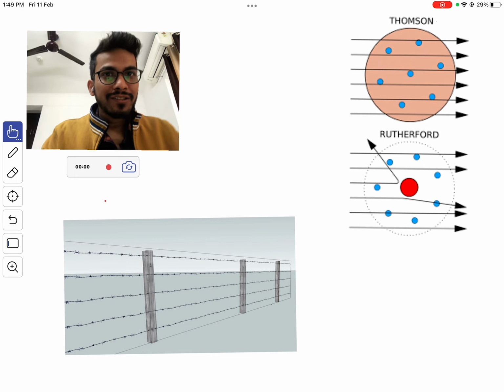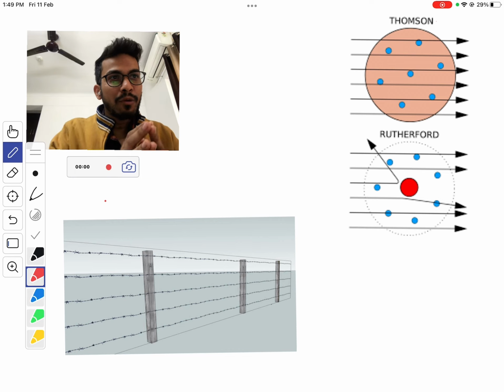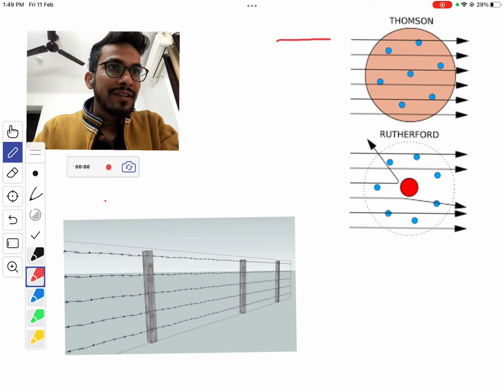So let us do that experiment and suppose the model is like the Thomson model, what would happen? Suppose I'm passing these alpha rays, and electrons are distributed throughout the atom like seeds, and the proton is the positive charge.